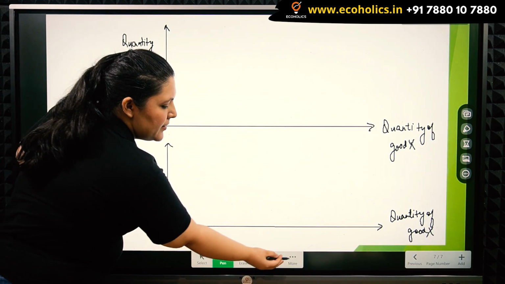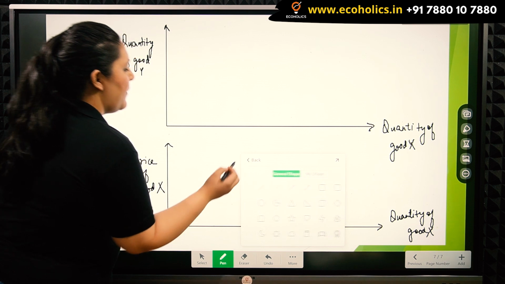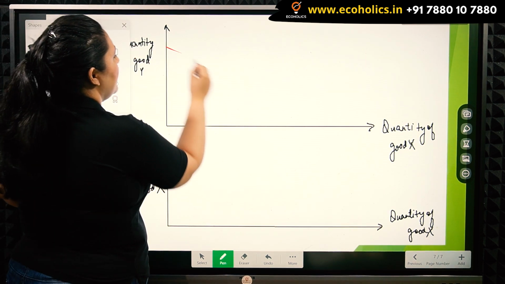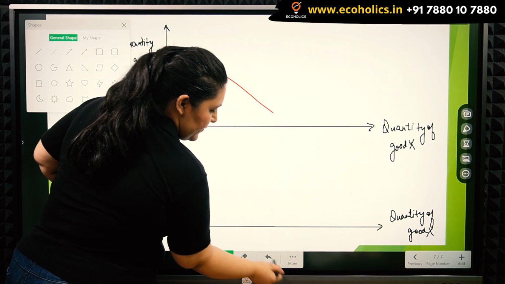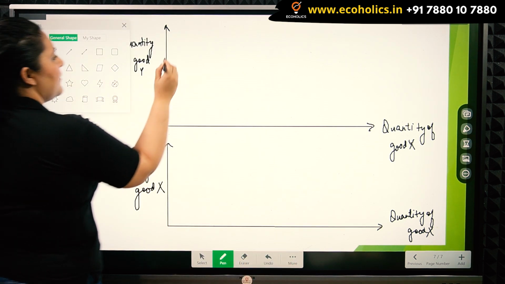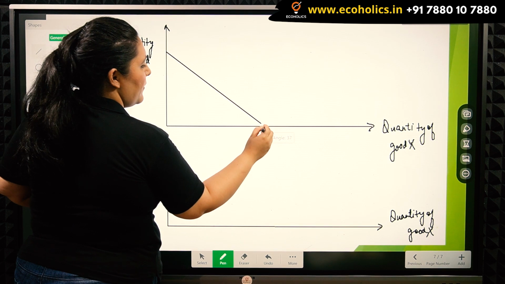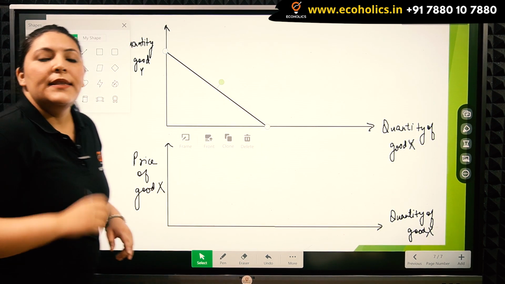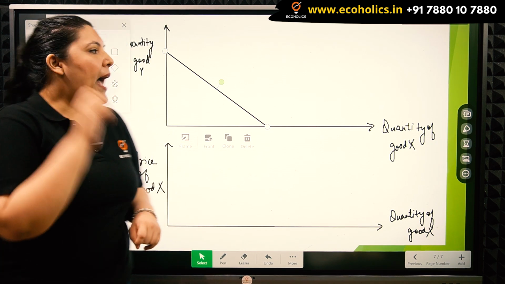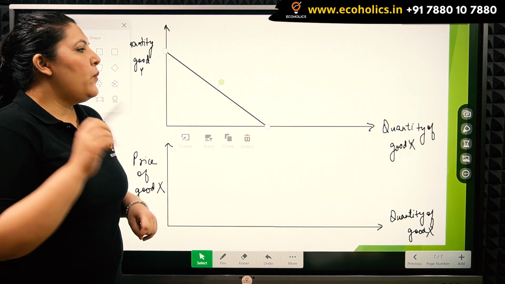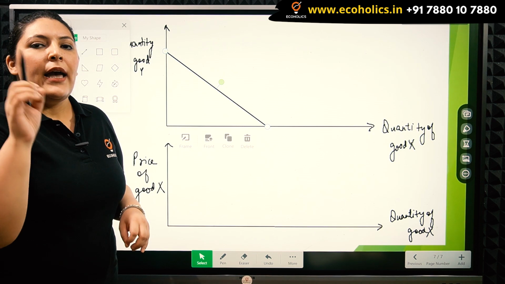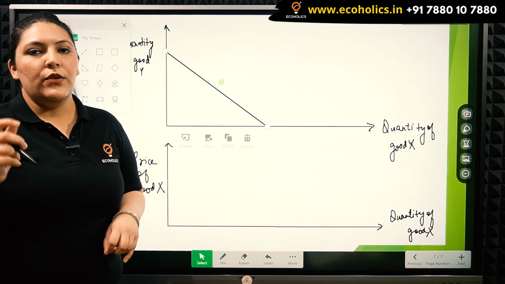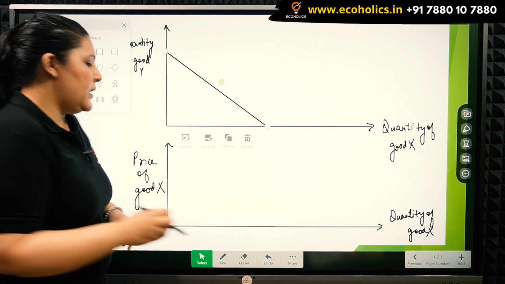We will start our analysis by first taking the price line. This price line will be at equilibrium with the indifference curve. The indifference curve in the case of perfectly complementary goods is an L-shaped indifference curve.